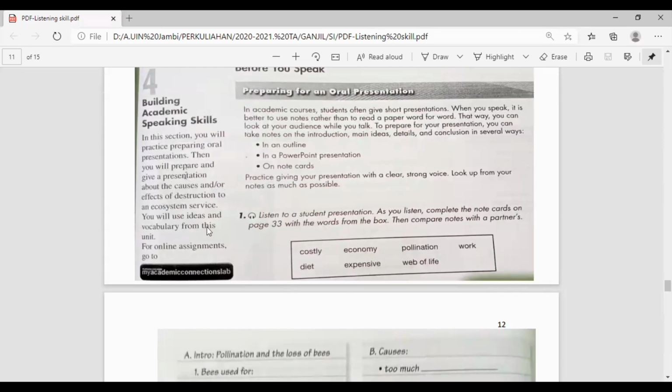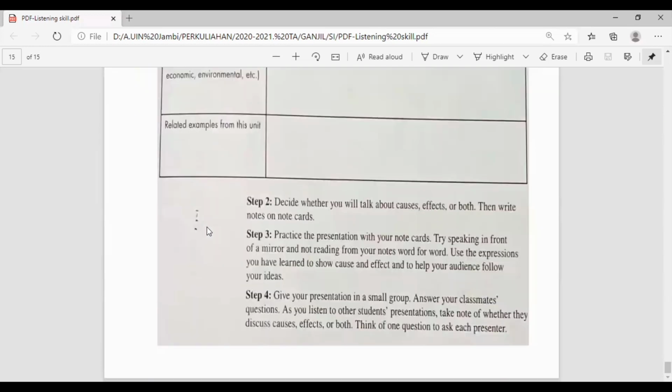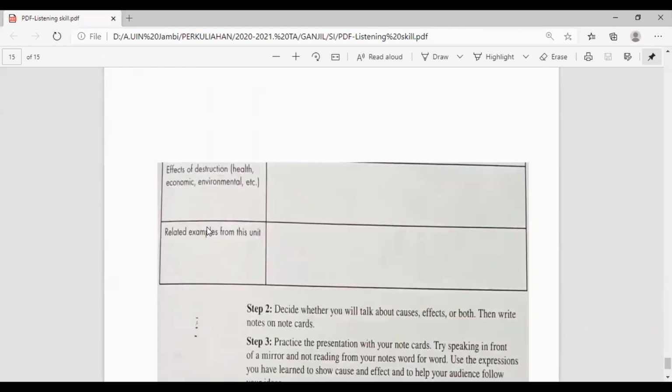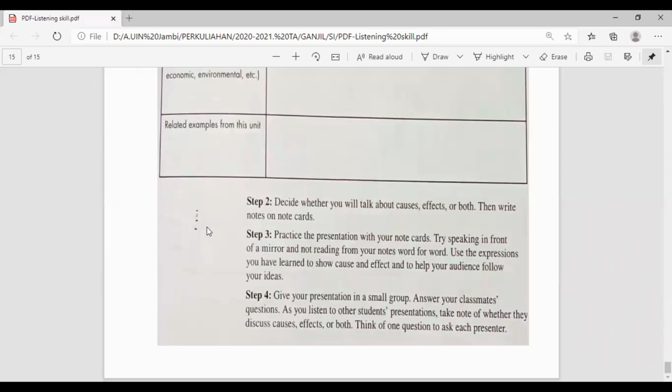So you can choose any ecosystem and try to present the causes and the effects of destruction to an ecosystem service. So don't forget to complete the table, and then step 2, after you have already chosen, decide whether you will talk about causes, effects, or both. Then write notes on note cards. This is the most important.